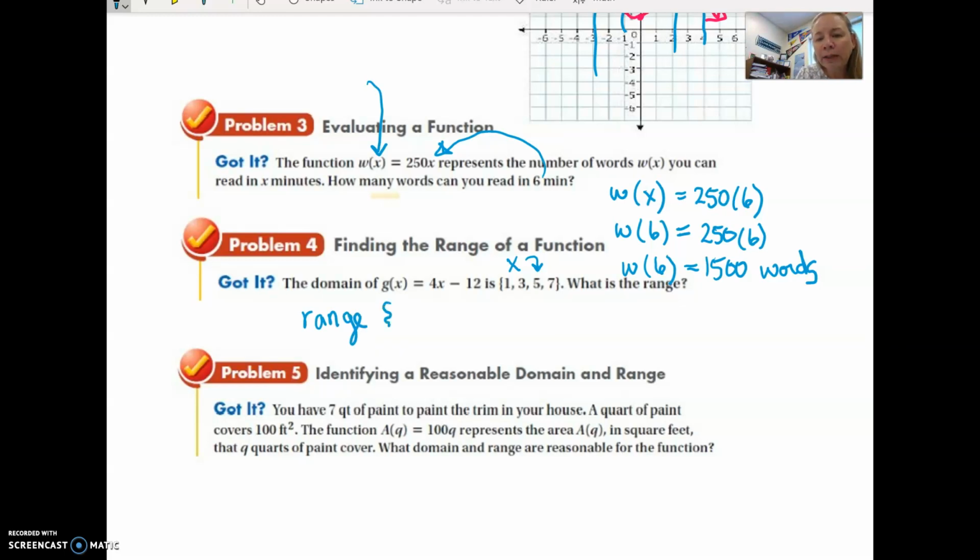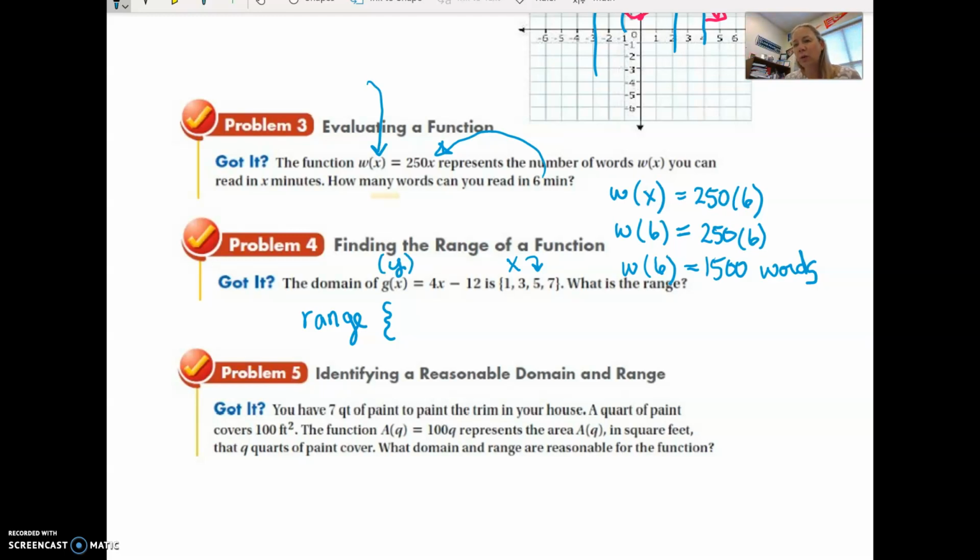I'm going to draw my little fancy bracket there. All the values that when we plug in 1 for X, or plug in 3 for X, or 5 for X, or 7 for X, we can solve then for G of X, which is again function notation, but we could also think of it as Y equals.